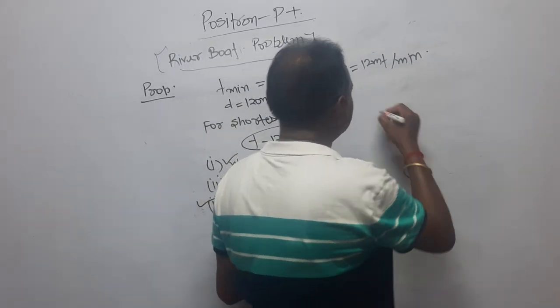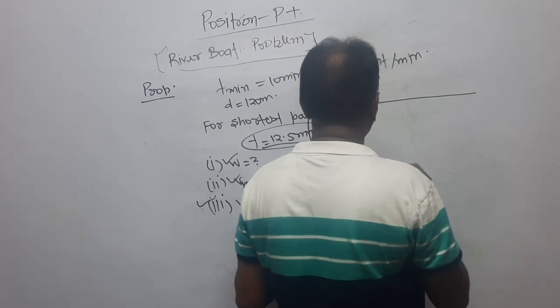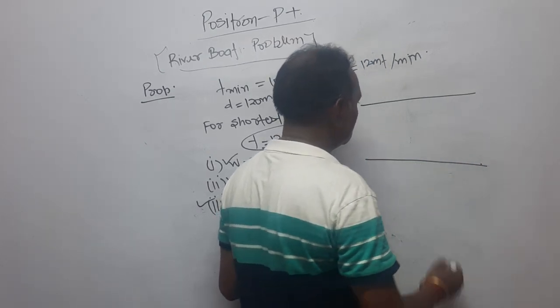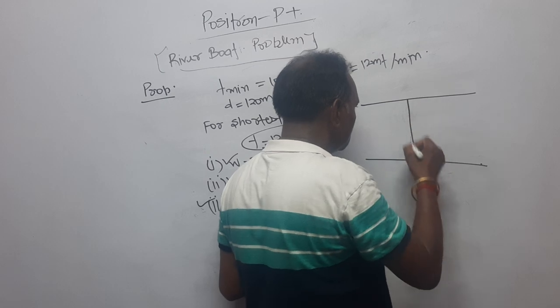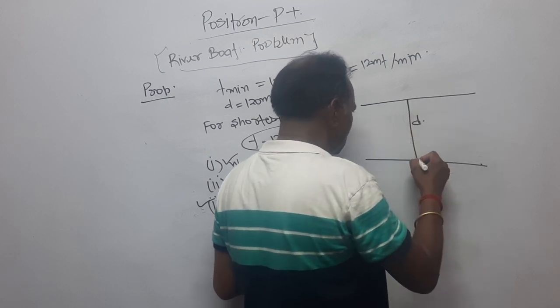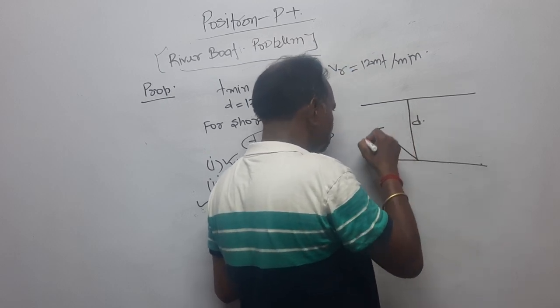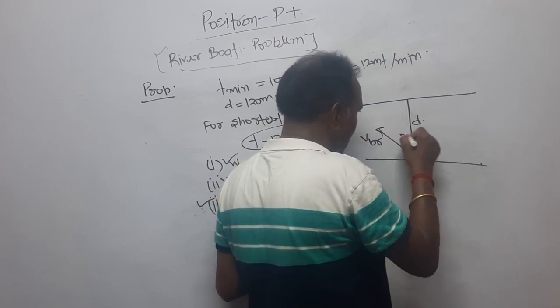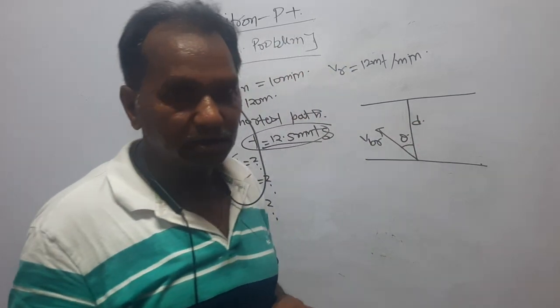Now look here, again, this is B. Let the boat swim with respect to river at an angle theta, right?